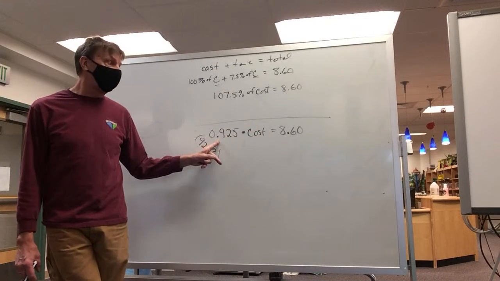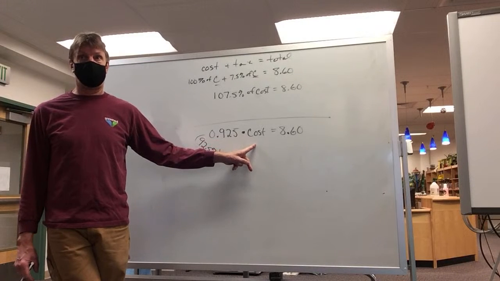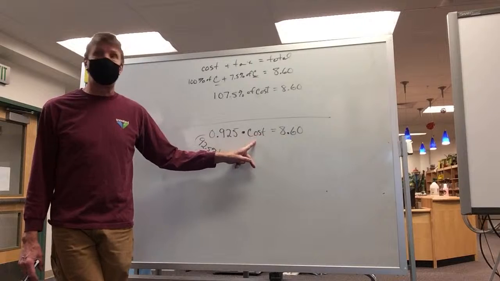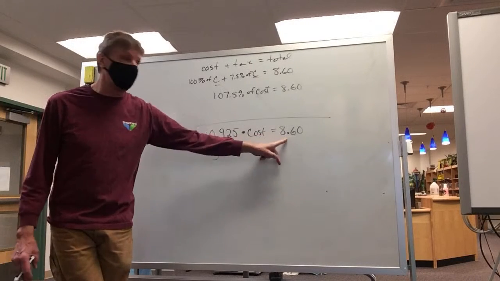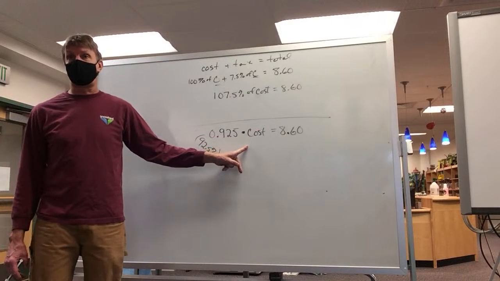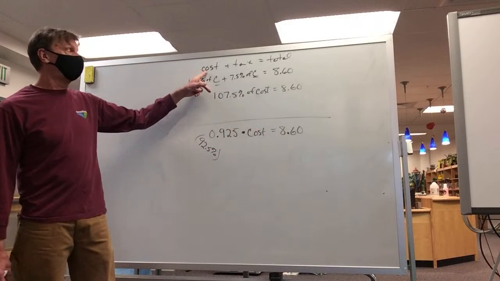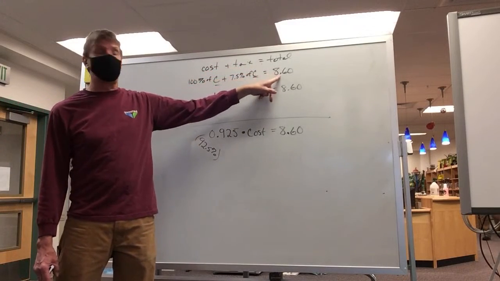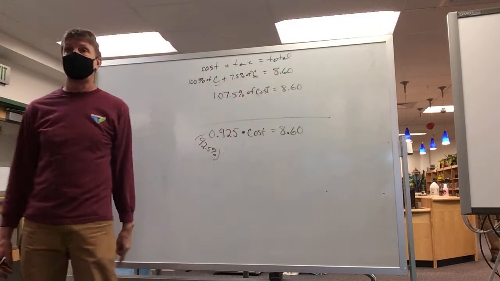You're taking something less than 1 times this and getting that. So this better be bigger, so that original cost would be more than 860. So your original cost before you add tax would be more than 860.